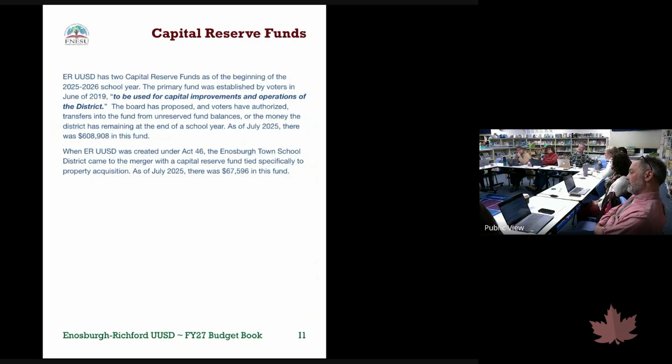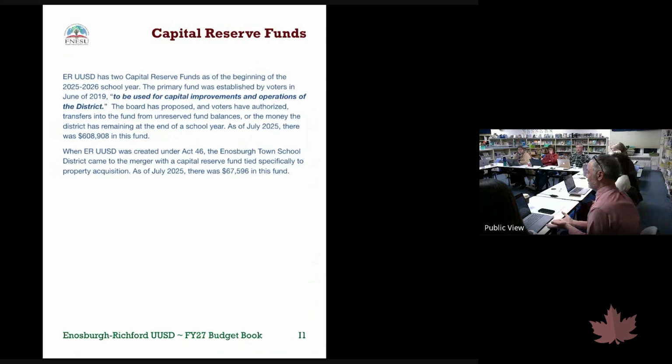Right. And a way to play that out is if we roll back, and I'll use the other side as an example. In that first merger that was passed by the voters, Bakersfield and Berkshire town districts merged. They both had capital reserve funds, but you can imagine a scenario where maybe Berkshire had $2 million in capital reserves and Bakersfield had none, and now they were a single district.